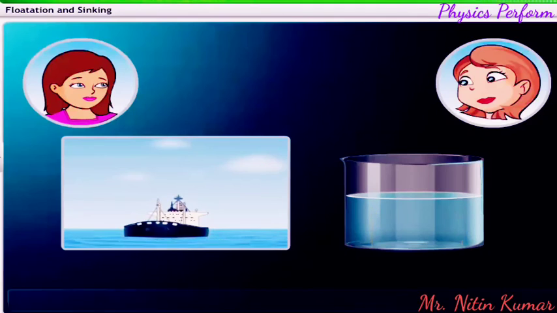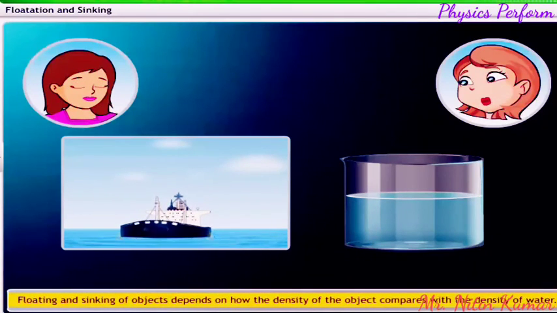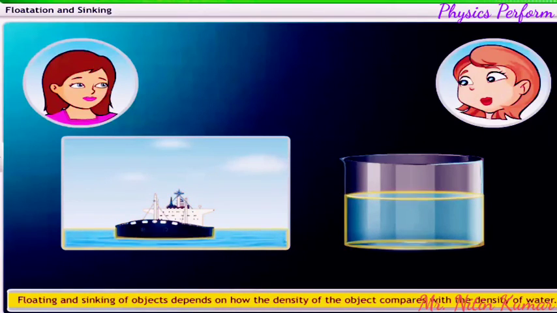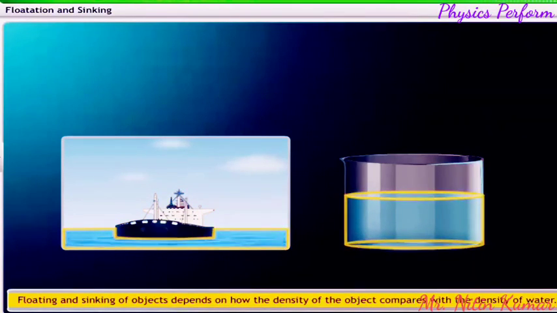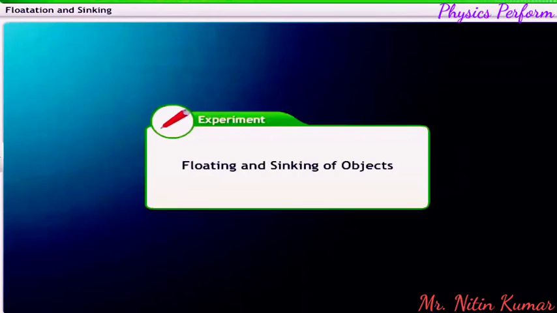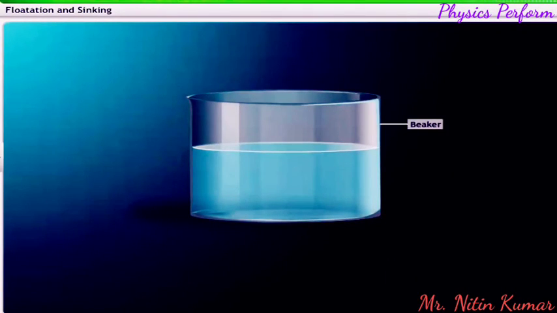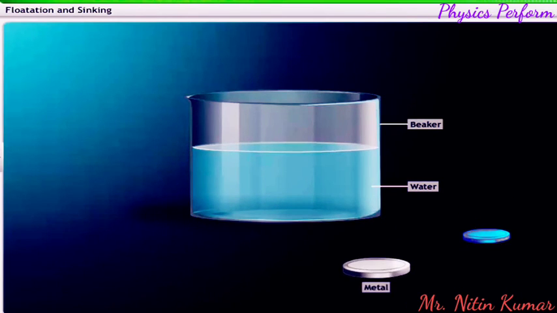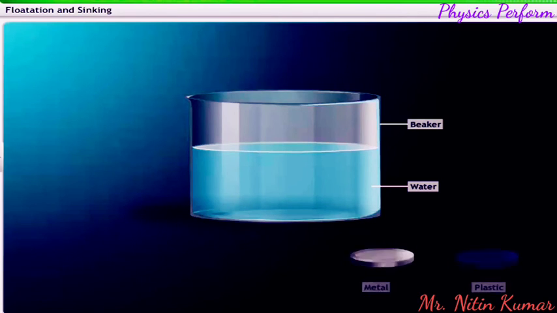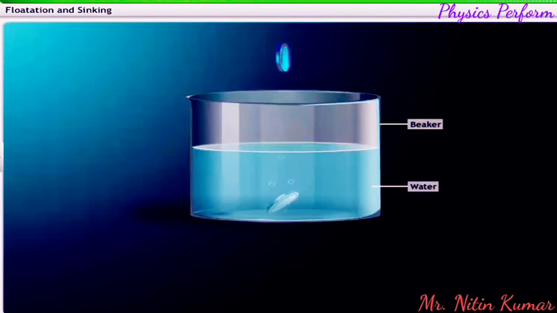Floating and sinking of objects depends on how the density of the object compares with the density of water. An experiment will help illustrate this concept. First, we take a beaker filled with water. Find two identical coins, one of metal and the other of plastic. Place both the coins on the surface of the water.